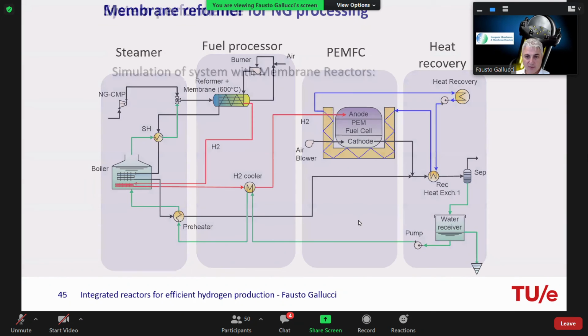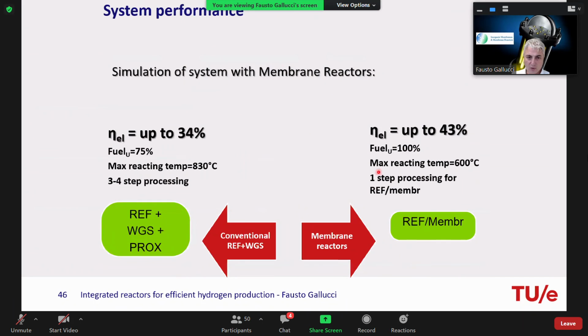And if you do the calculation, what you find out is that the conventional system with a lot of reactors has an efficiency of 34% calculated, which is quite in line with what you find in the brochures of the vendors, because the brochures of the vendors have an efficiency ranging between 32 and 35%. So this calculation shows that the model works quite well.